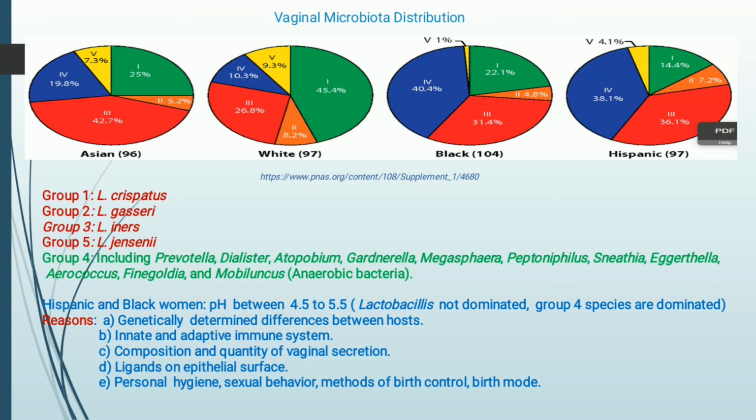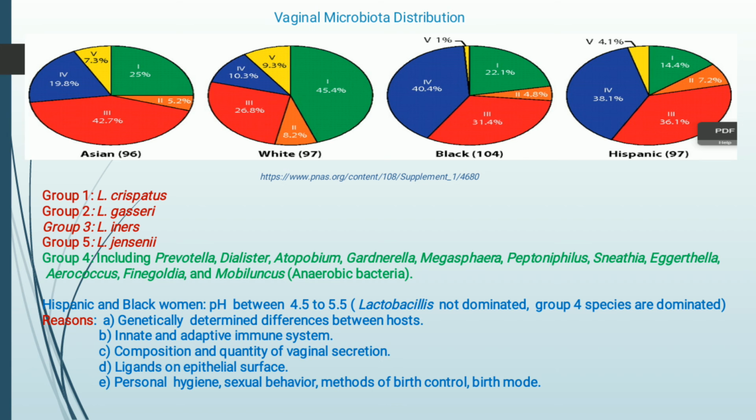You also can't say that a female with dominant Lactobacillus in her vagina will definitely be healthy. No, it's not right. We can't compare females with high concentrations of Lactobacillus and those with high concentrations of anaerobic bacteria. Both can be healthy and both can be unhealthy.